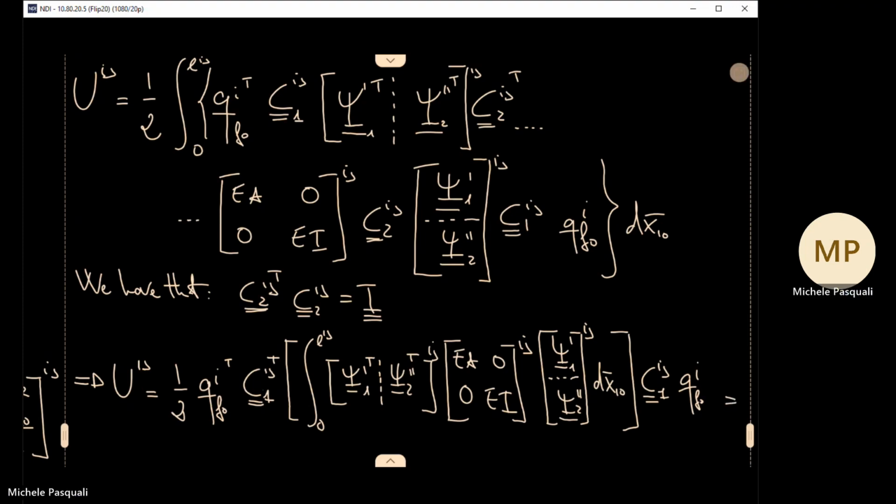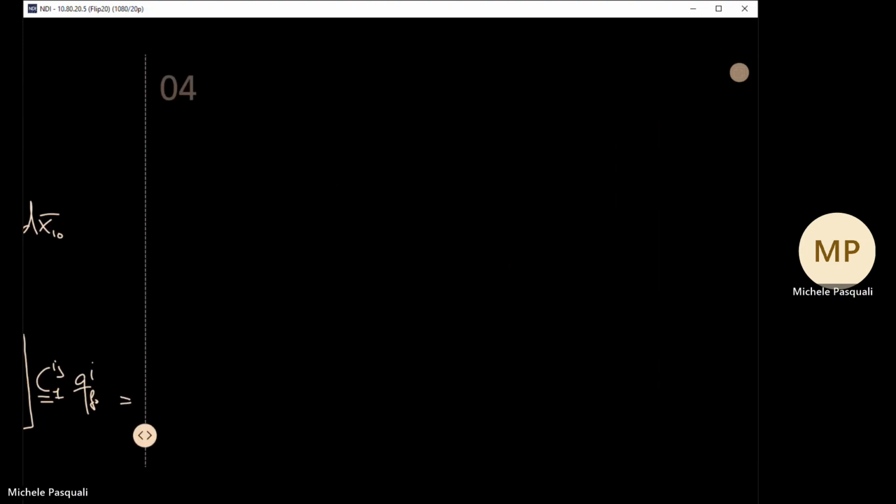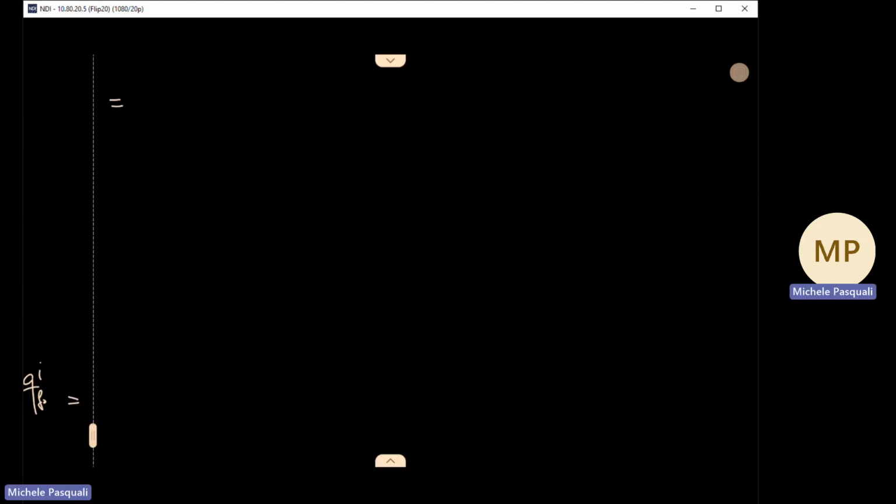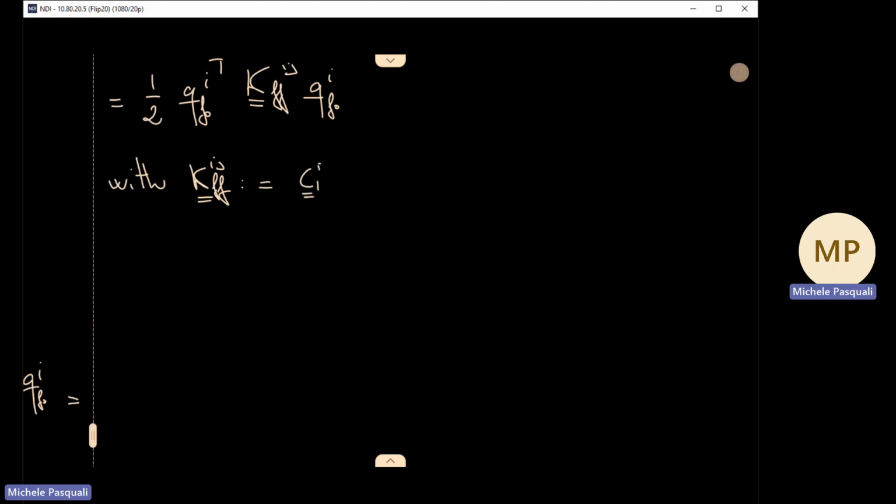This can be rewritten as 1 over 2 QF0 i transposed KFF ij times QF0 i, with KFF ij being defined as C1 ij transposed, integral from 0 to Lij of what we have written before.